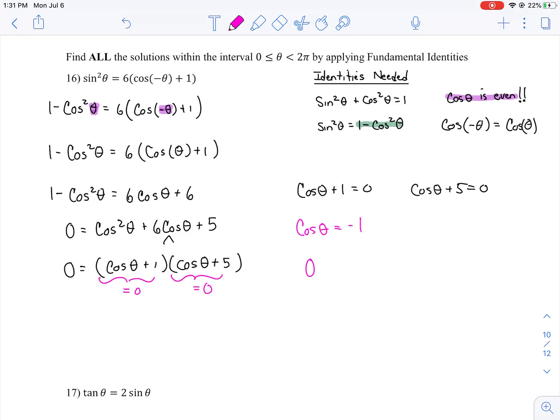And the only angle on the unit circle where cosine theta is equal to -1 is pi. Over here to the right, cosine theta has to equal -5. But -5 is less than -1, so there's no real solution. Therefore, there's only one solution to the original equation, and that is theta is equal to pi.